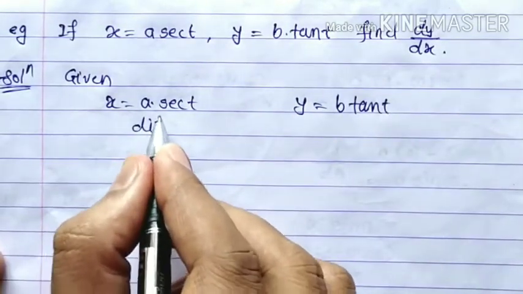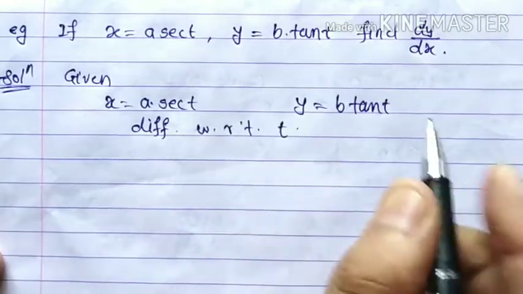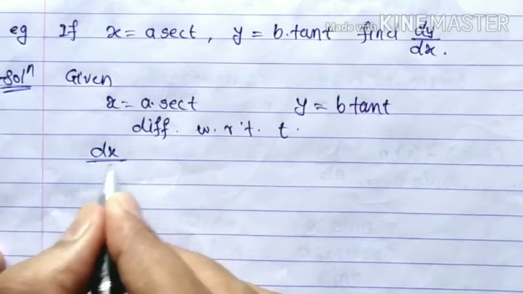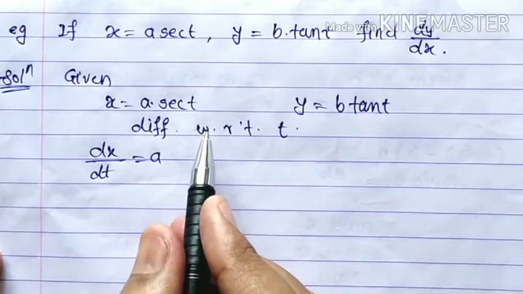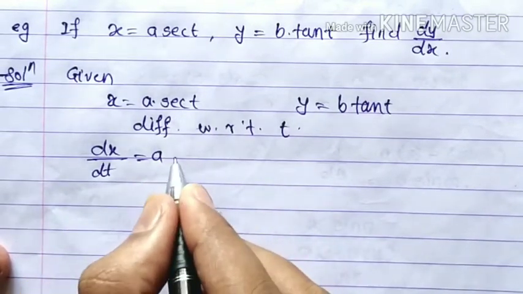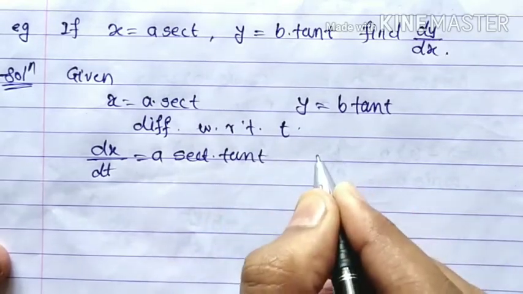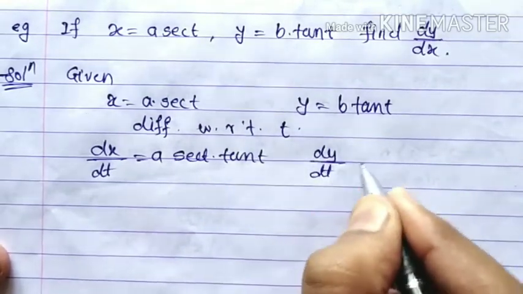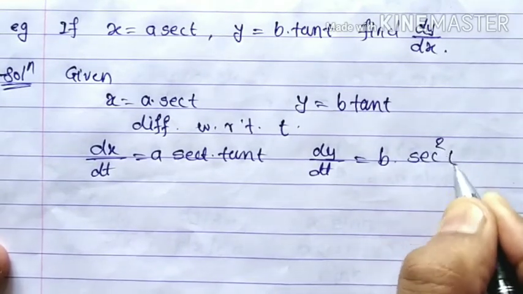We differentiate both x and y with respect to t, the parameter. So dx by dt: the derivative of sec t with respect to t is sec of t into tan of t. Similarly, dy by dt can be written as b into the derivative of tan, which is sec square of t.